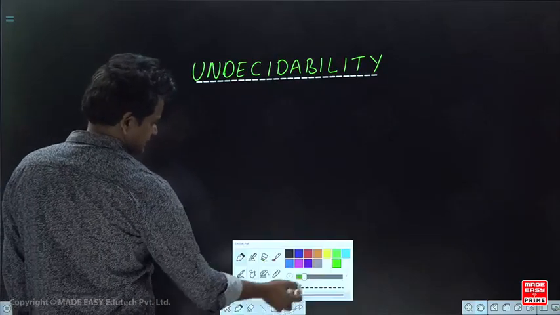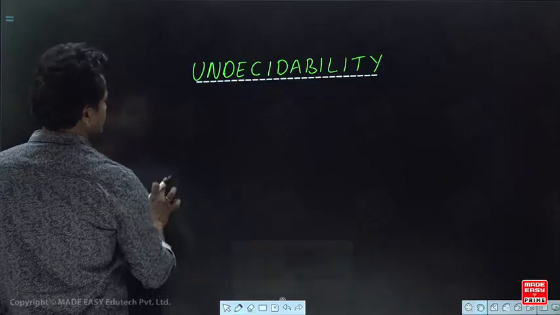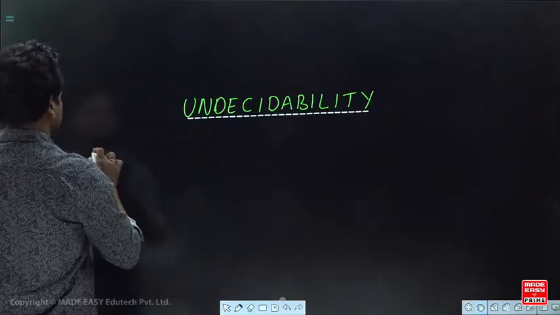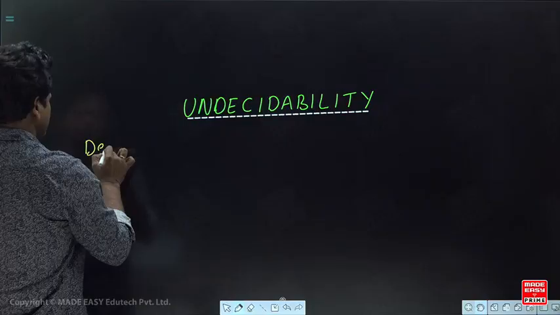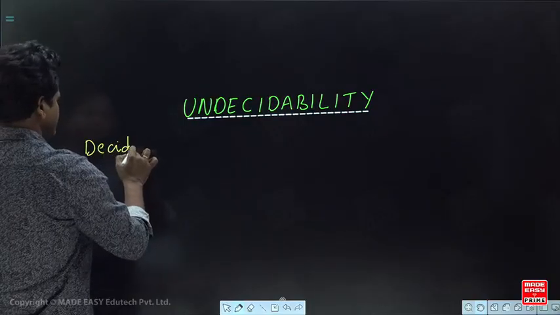Guys, it is also simple. It is an important topic. Decidability.